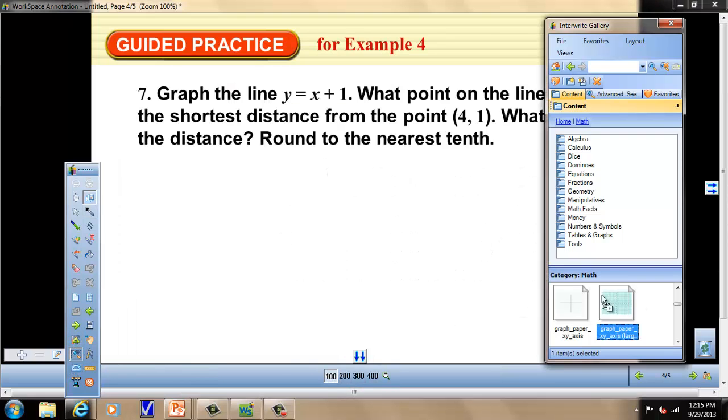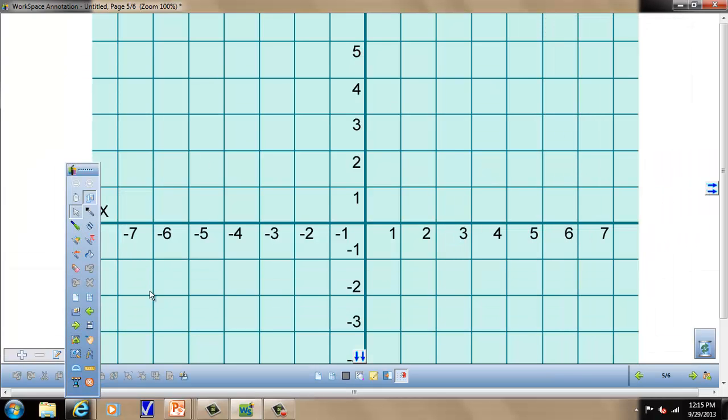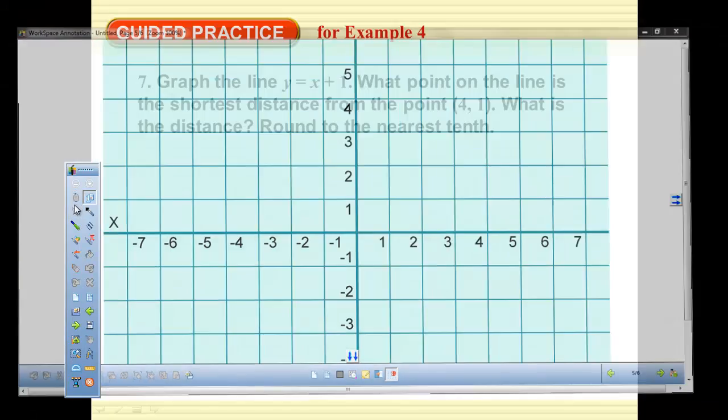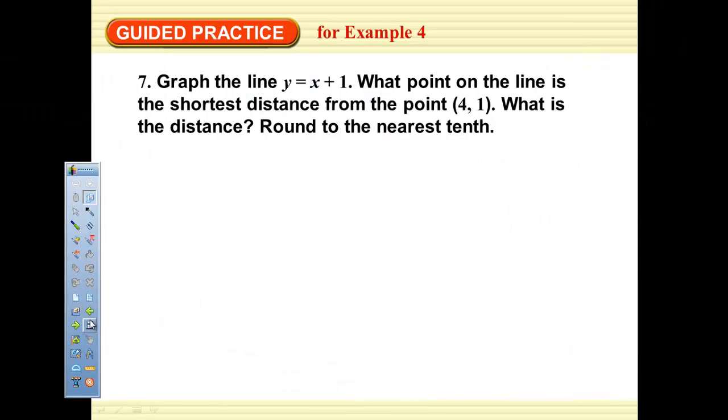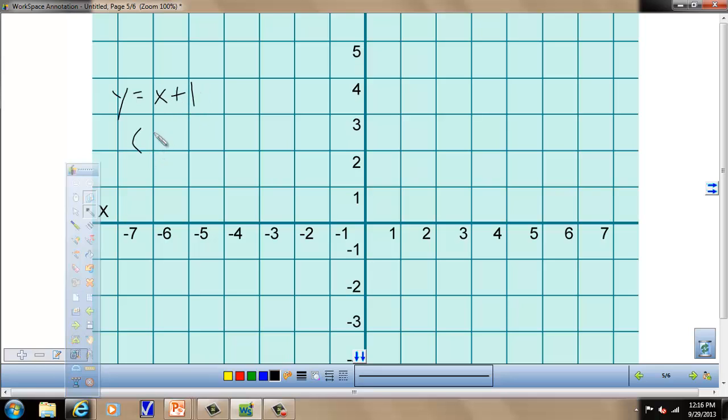Okay. So the line going back was x plus 1, and the point is 4, 1. So we've got y equals x plus 1, and the point 4, 1.